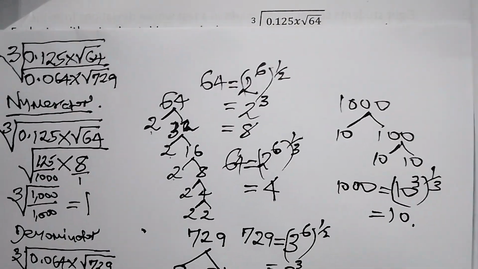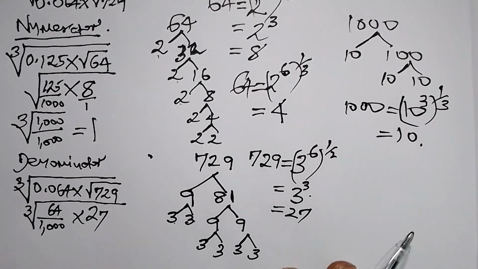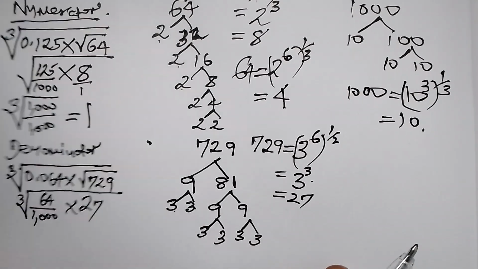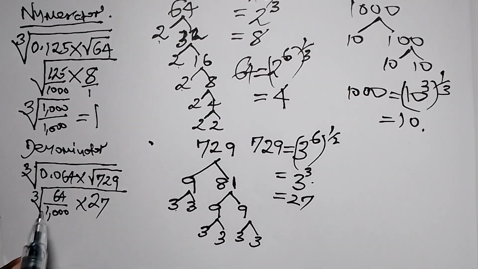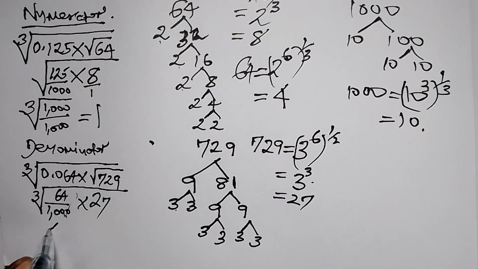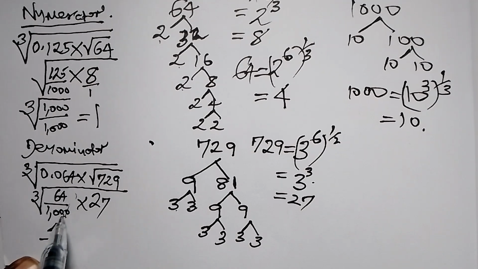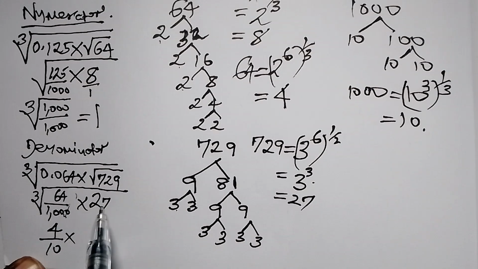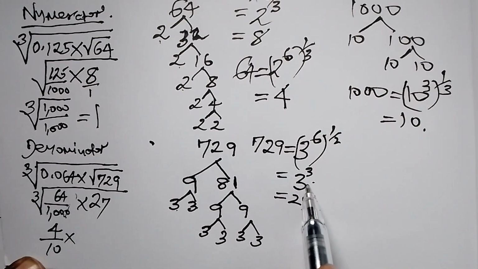Therefore, we come back to our expression and we've now simplified this part. The cube root of 64, we have found it to be equal to 4, over the cube root of 1,000 which is equal to 10, multiplied by the cube root of 27. 27 can be given as 3 raised to power 3.